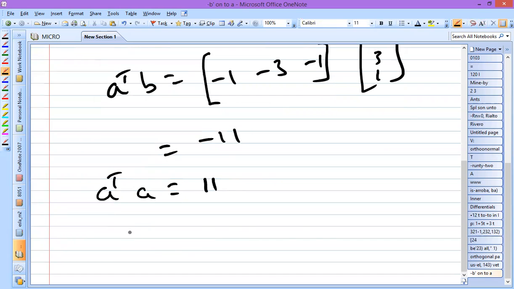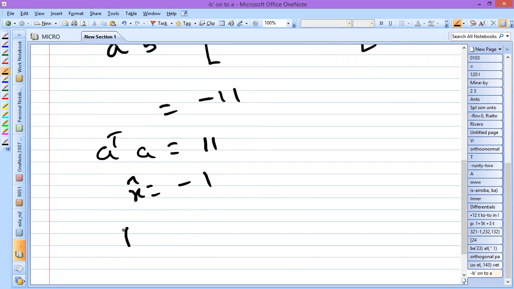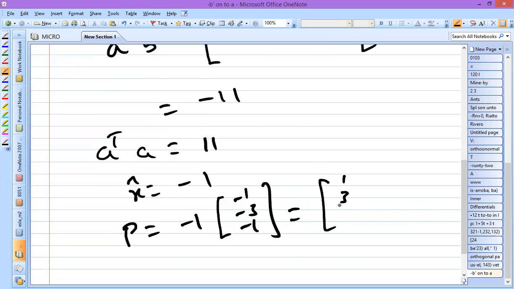Then X is how much? Minus 1. And then P is minus 1 into A. A is minus 1, minus 3, minus 1. This will result in 1, 3, 1, which is the same as B here, right?